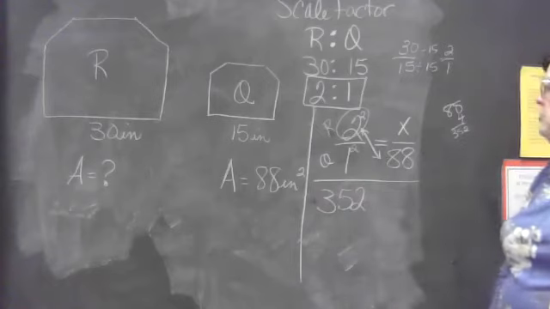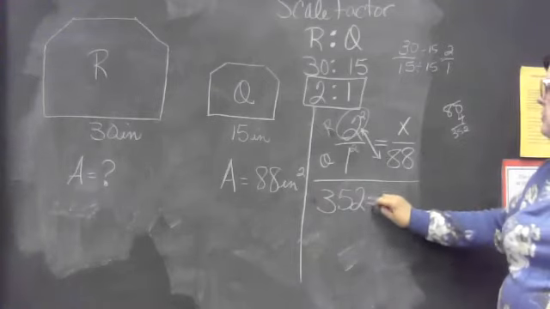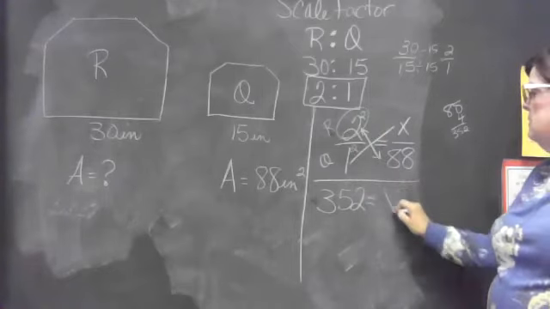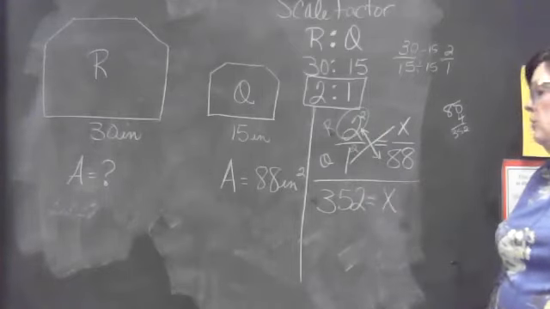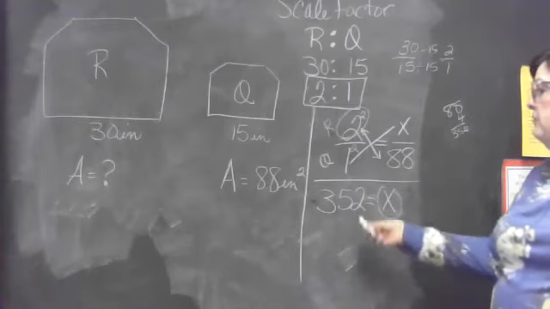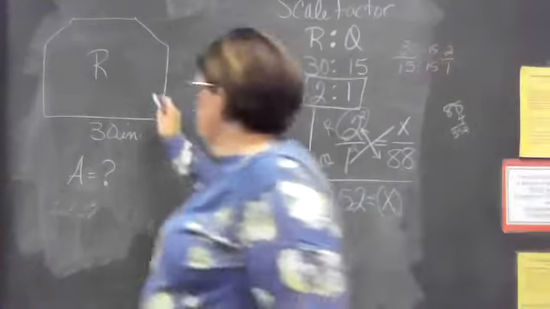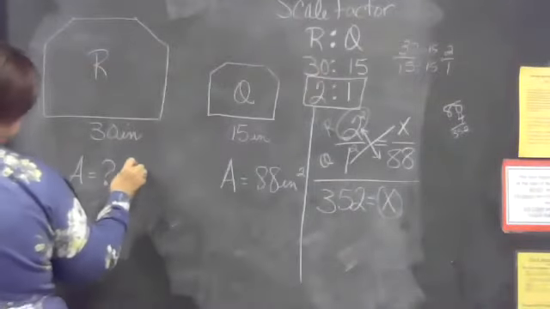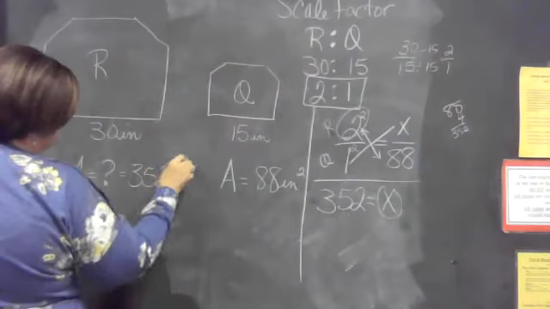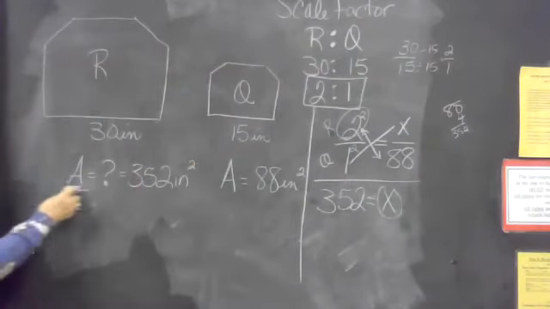Yes. 352 is equal to 1 squared is 1 x. Believe it or not, we don't have to divide because x is by itself already. So the answer for the area of this figure equals 352 inches squared because it's area.